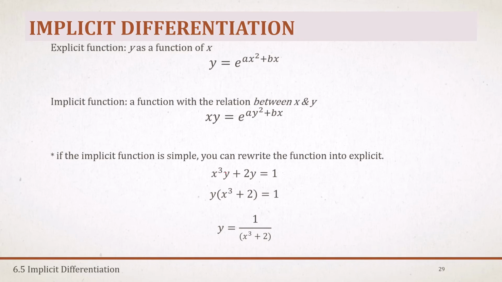For example, I have x cubed y plus 2y. I factor the y out, so I have (x cubed plus 2) y, and I bring the x cubed plus 2 to the other side. So this one, from a so-called implicit, I am able to change into an explicit.